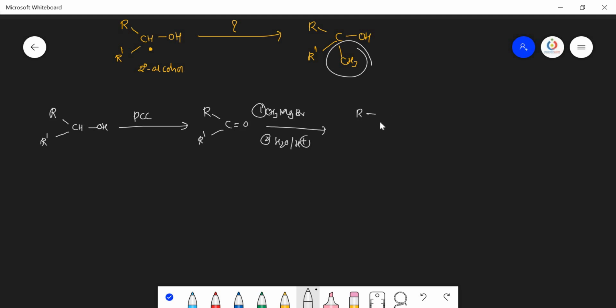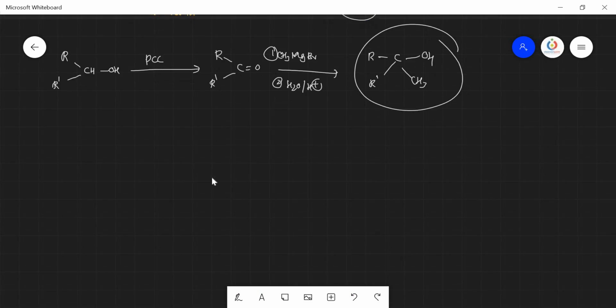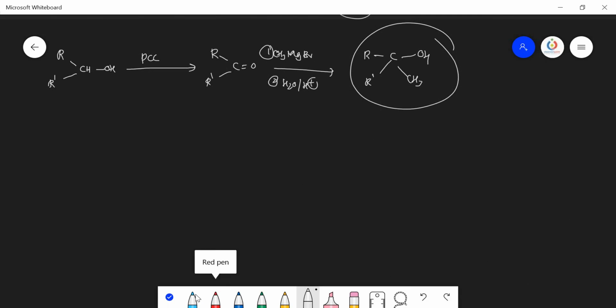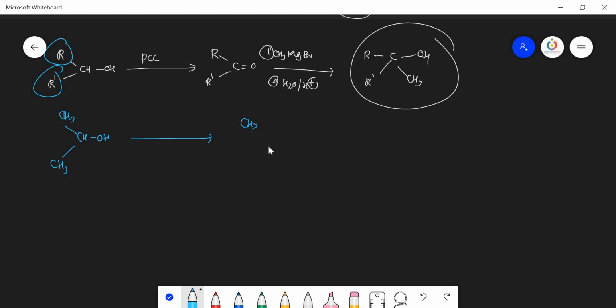So you will get the R dash methyl OH, tertiary alcohol. So you just replace both R groups with CH3, CH3, CHOH, again CH3, convert this one to the CH3, C, CH3, CH3 and OH. Same procedure. These two use, you automatically get the product.